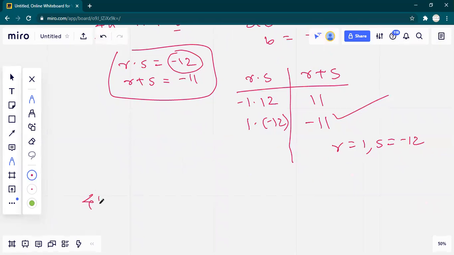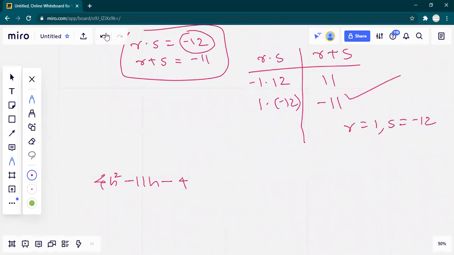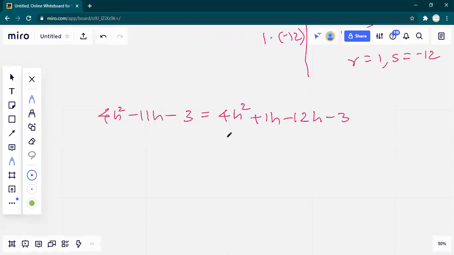So 4h squared minus 11h minus 3 can be written as 4h squared, and we can split the middle term as plus 1h minus 12h, minus 3. Now group the first two terms and the last two terms.